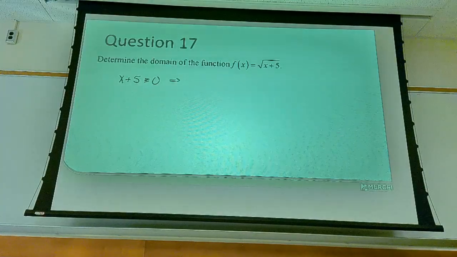I think you may have done linear inequalities in Algebra 1. I think higher degree inequalities is Algebra 2. X has to be greater than or equal to negative 5.